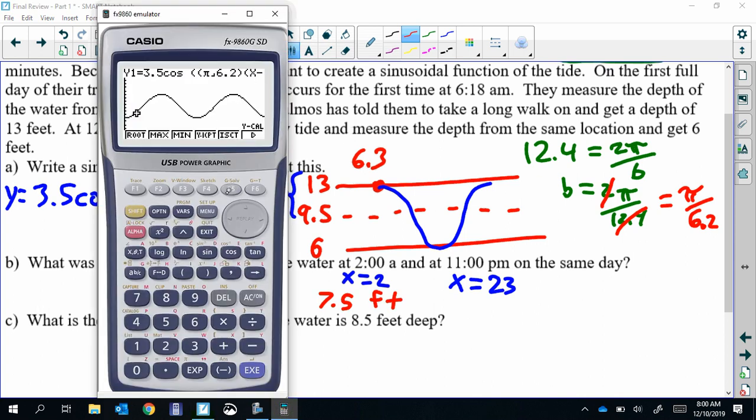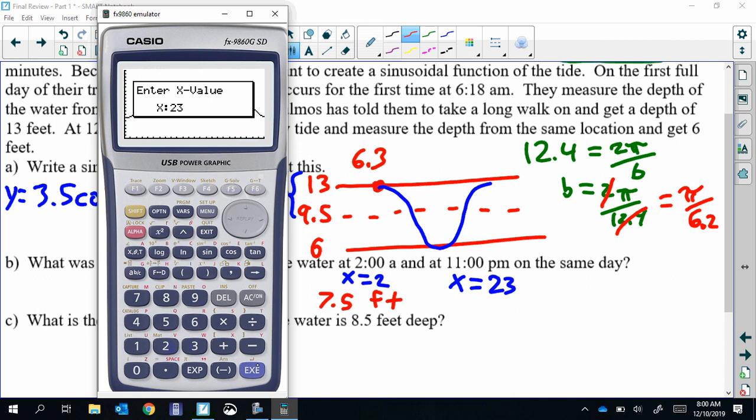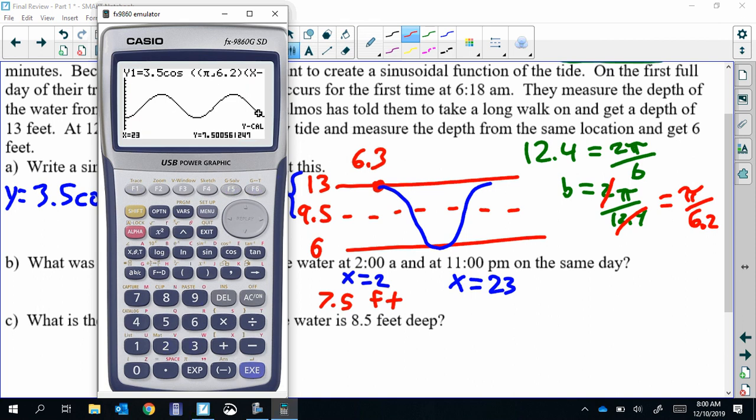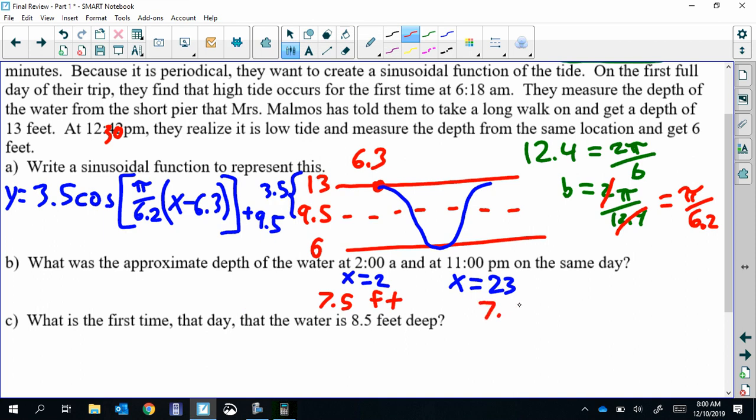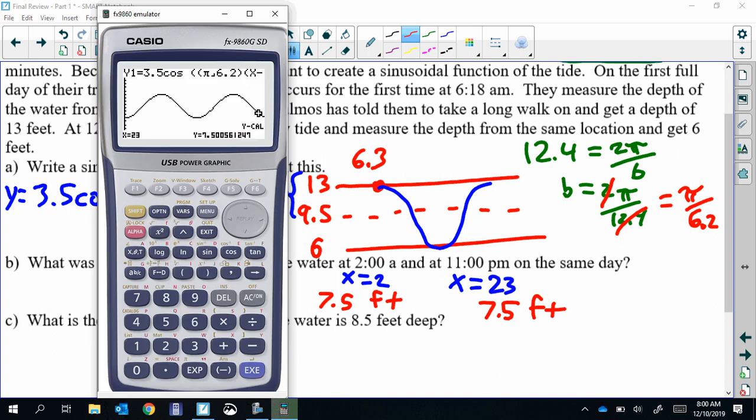And then again, x equals 23 this time. 7.5 feet. Interesting. Just kind of weird.